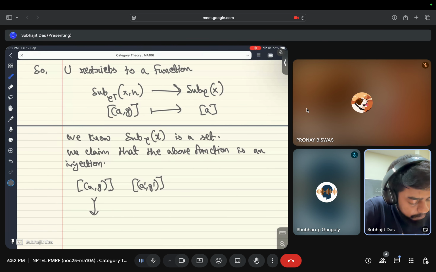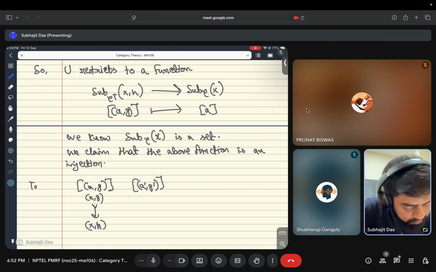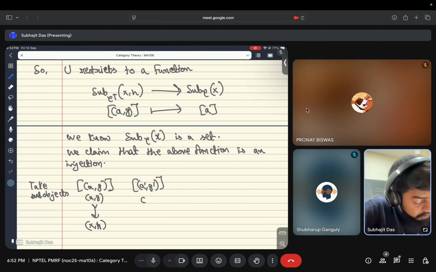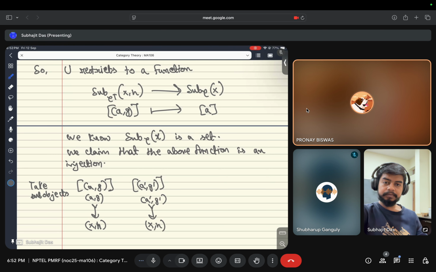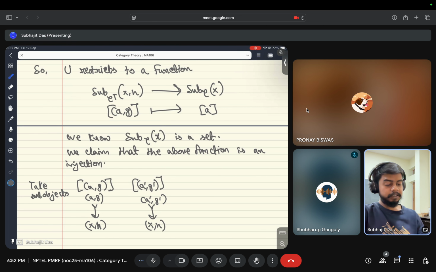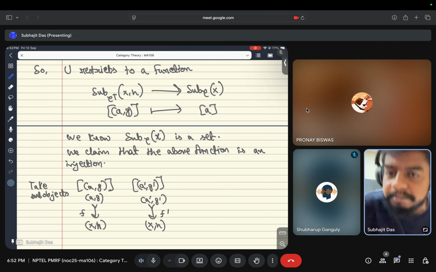It's understood that we have arrows from (A, G) to X_H, so take sub-objects, and an arrow from (A', G') to X_H. Let's say this is F, this is F'. What do we need to show to claim that the function is an injection?